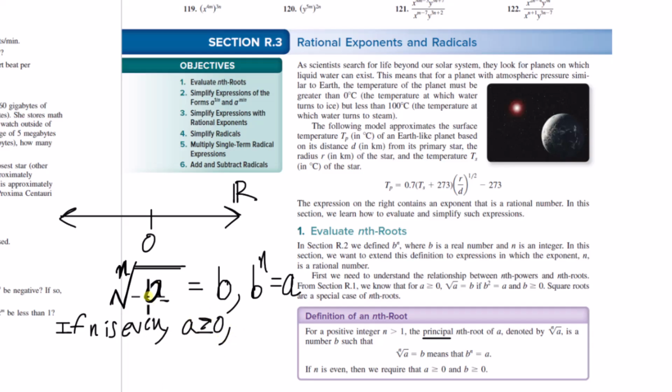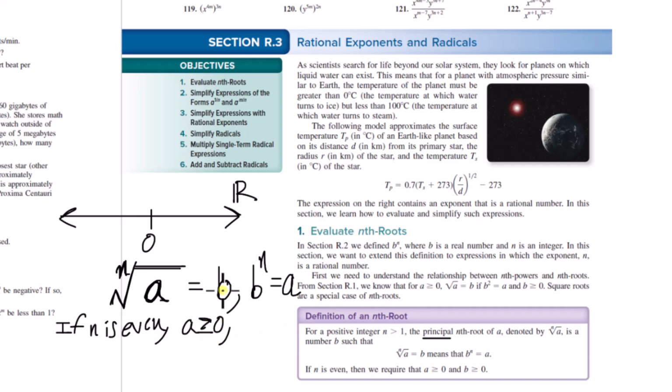It could be 0, that's fine. But if you input a less than 0, there's no answer to that. It's like dividing by 0, at least at the moment. We'll be able to make it defined with imaginary numbers, but at the moment, just looking at strictly real numbers, a has to be greater than or equal to 0.